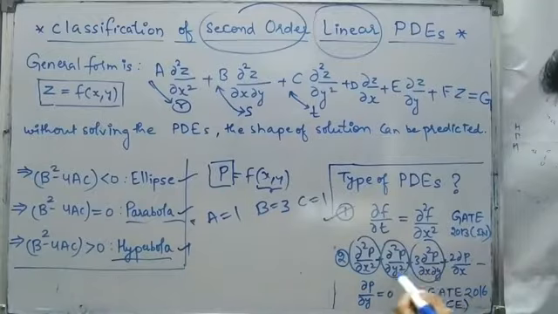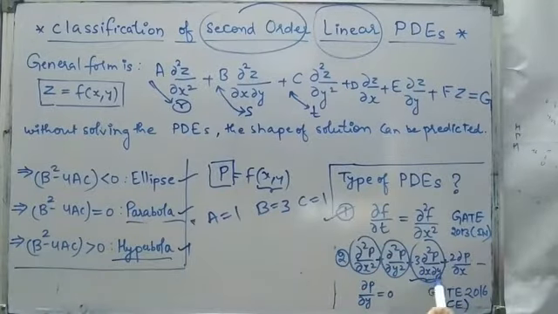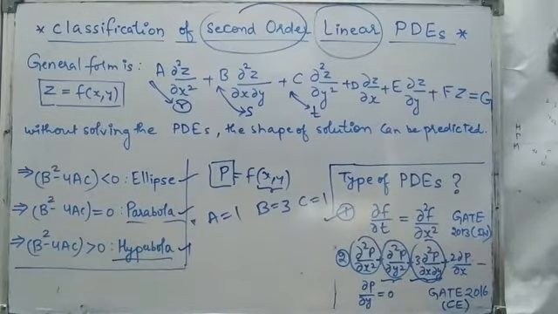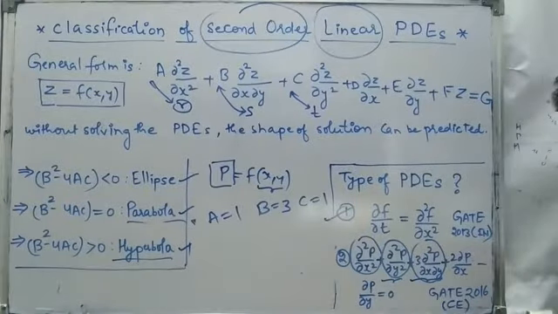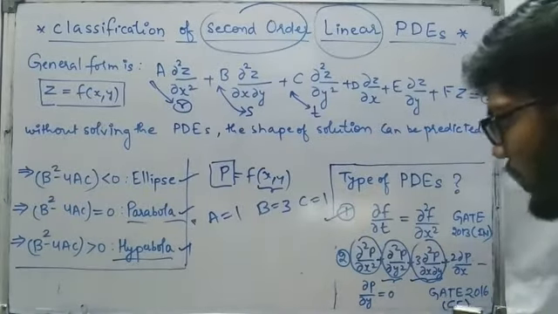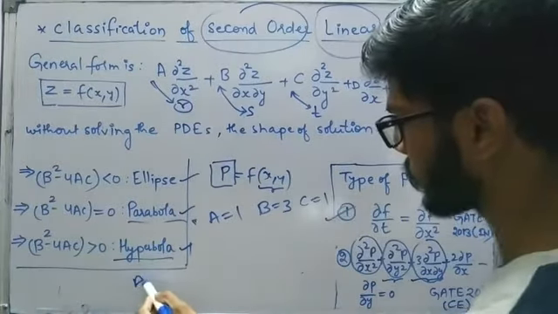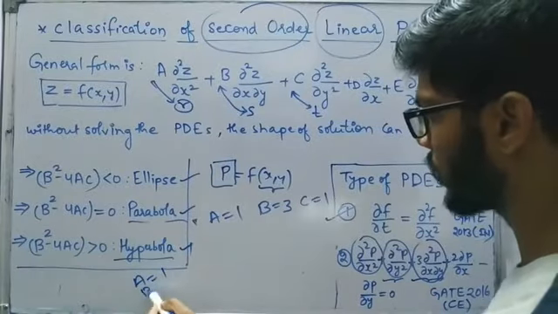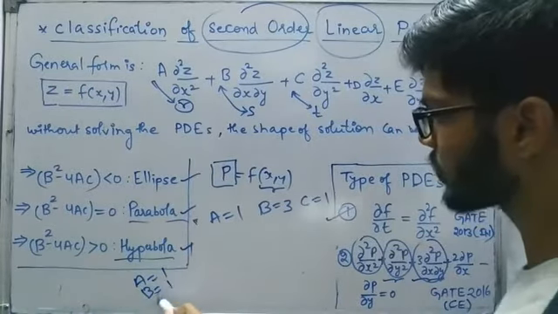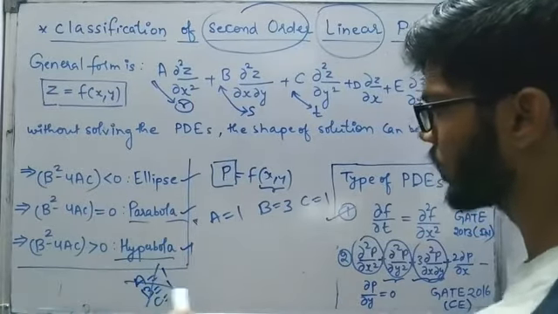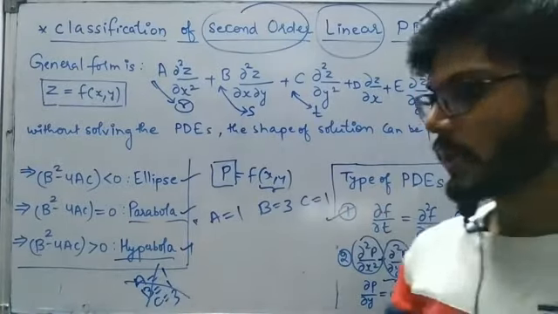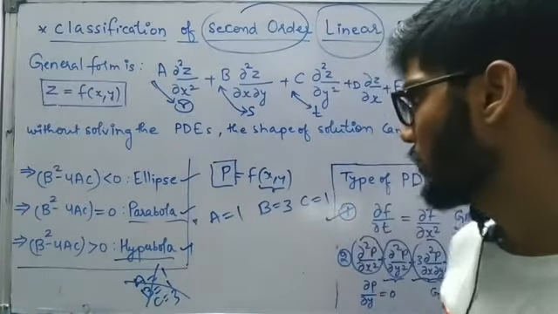Instead of writing the second term as this one, he has written this as the third term and this as the second term. So if you do not have the exact format in your mind, you will make the mistake of a is equal to 1, b is equal to 1 and c is equal to 3, and this is going to take your marks away from you. So you have to be very careful.